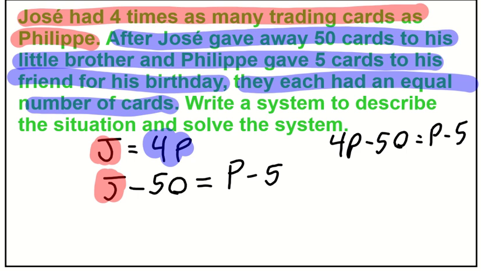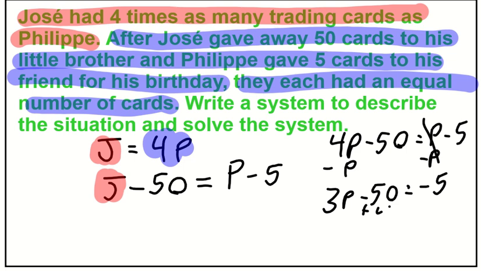Do an opposite. When you want to do that, you want to move the lower coefficient. So minus P, that cancels it out. Over here, that gives me 3P minus 50 equals negative 5.